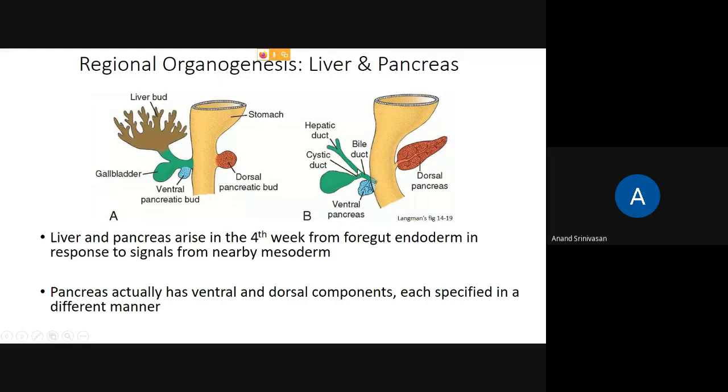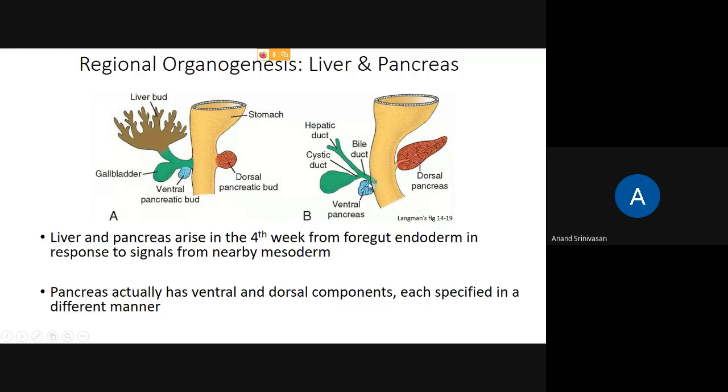The duct which goes and joins with the liver forms the hepatic duct, the common hepatic duct. This common hepatic duct joins with the cystic duct to form the common bile duct.